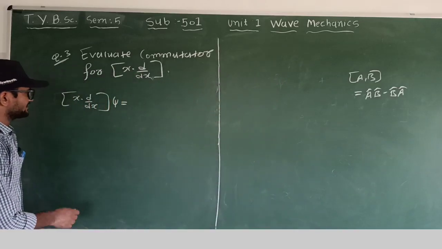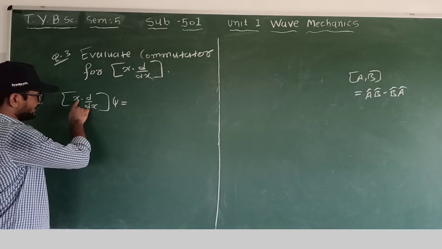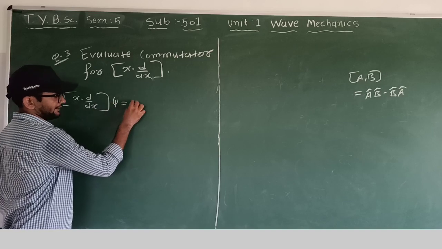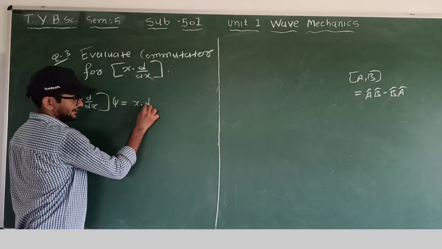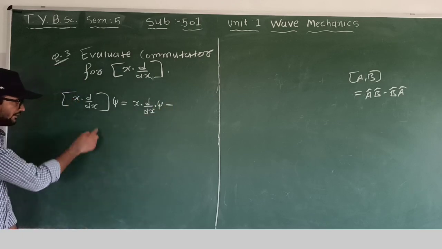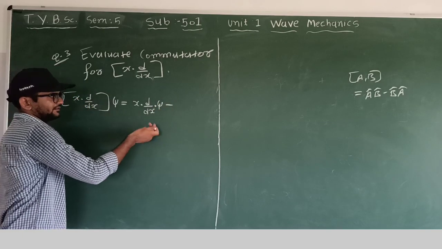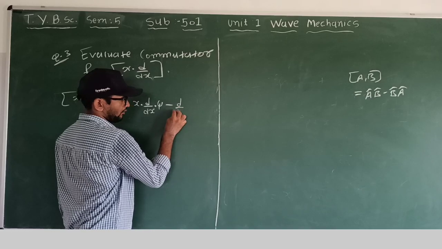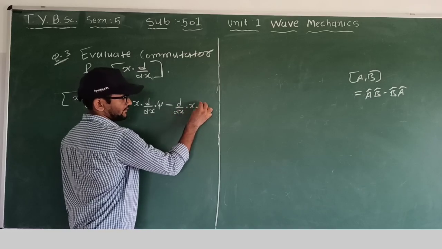Now in this case, x into d by dx with respect to psi: x into d by dx into psi minus d by dx of x into psi.